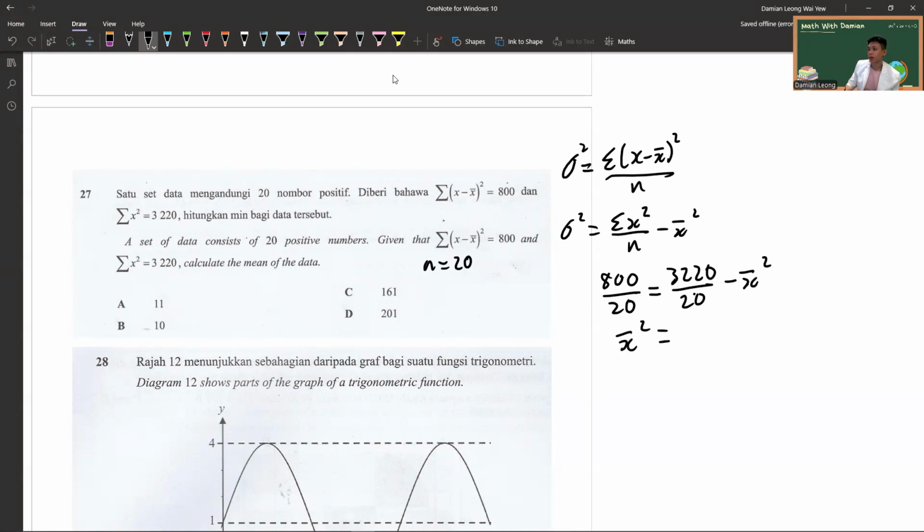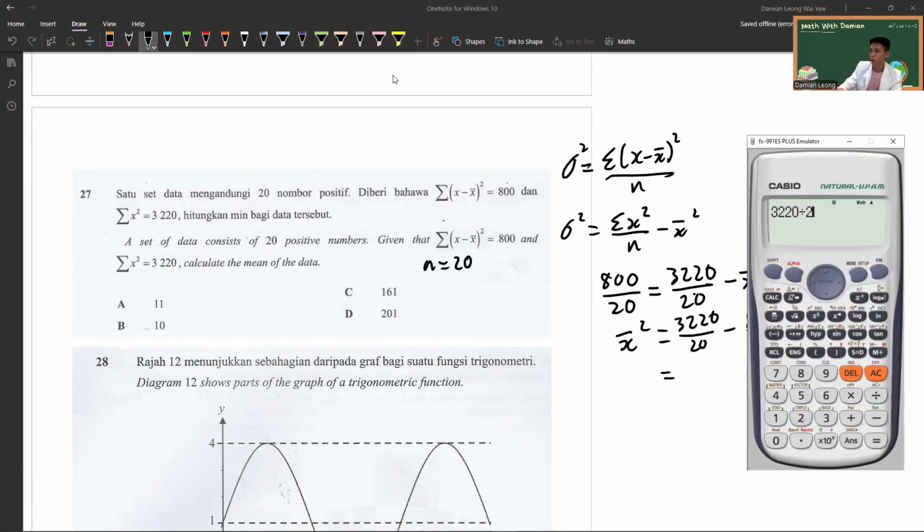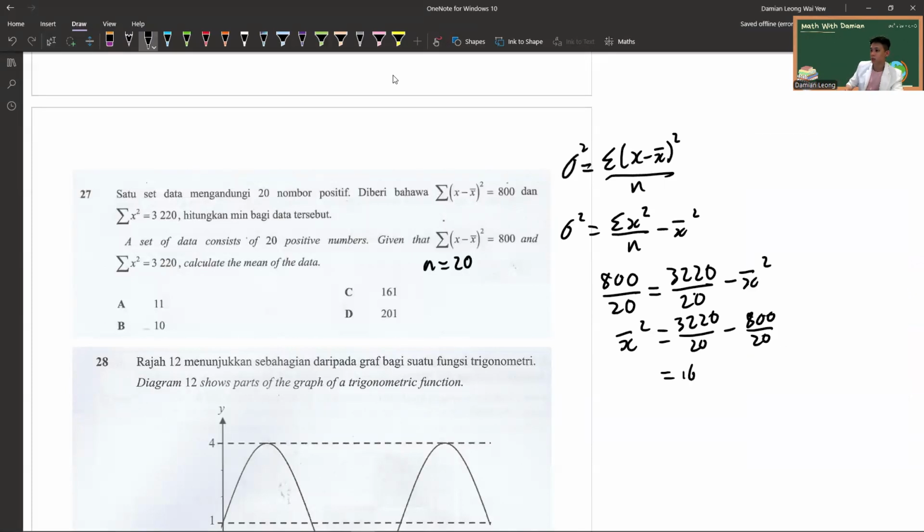So the mean squared is 3220 over 20 minus 800 over 20. 3220 over 20 is 161. 800 over 20 is 40. 161 minus 40 is 141. Square is the opposite of square root.